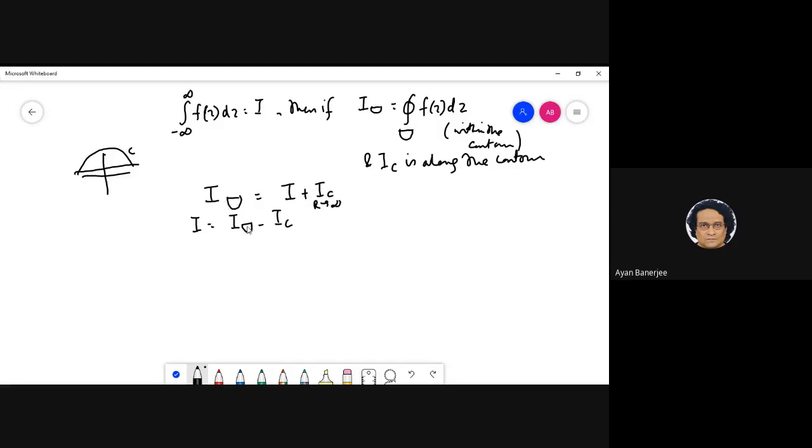If you have no poles, then this becomes 0, and I_C becomes 0 as we make R go to infinity. That is something we know very well. Therefore, any integral from minus infinity to infinity with singularities, we typically solve using this property, which is very useful.